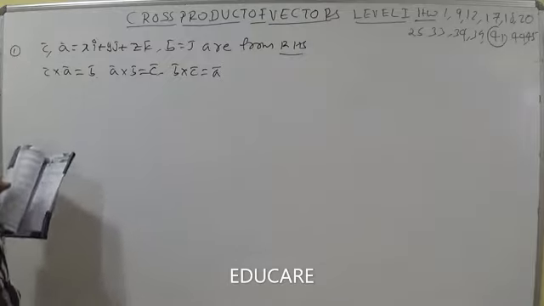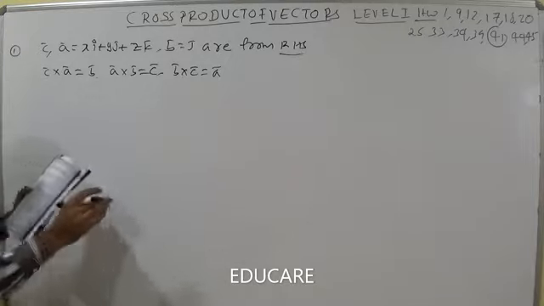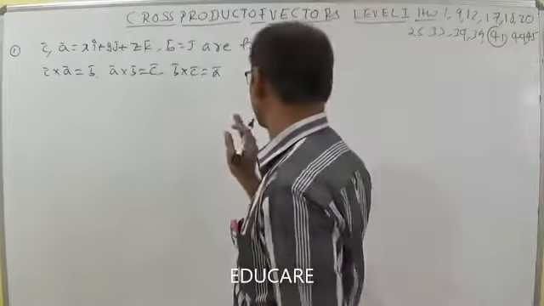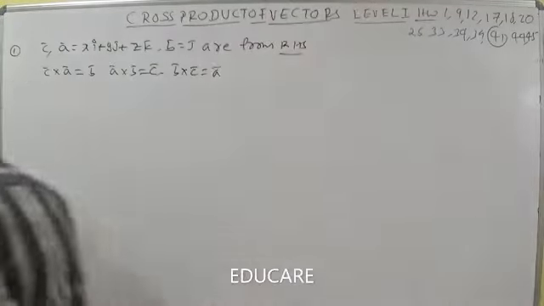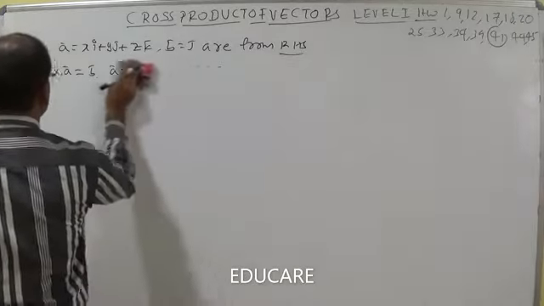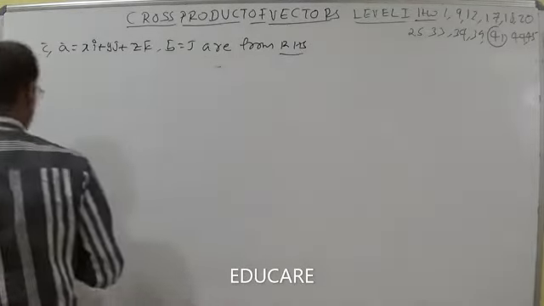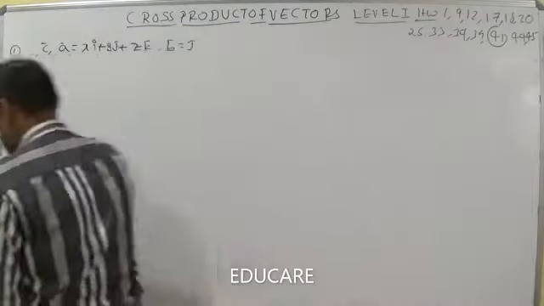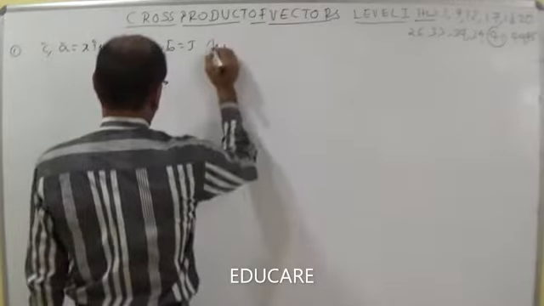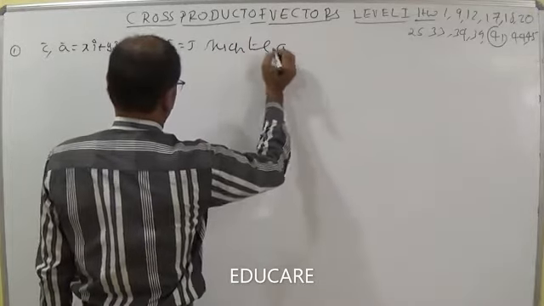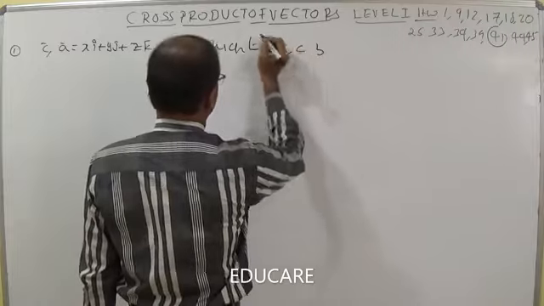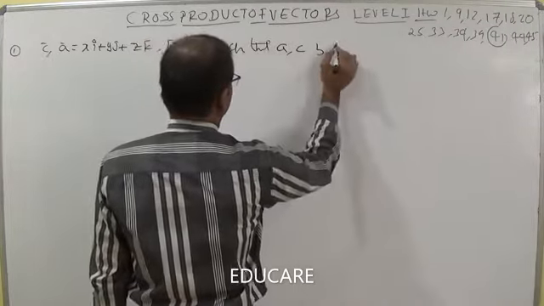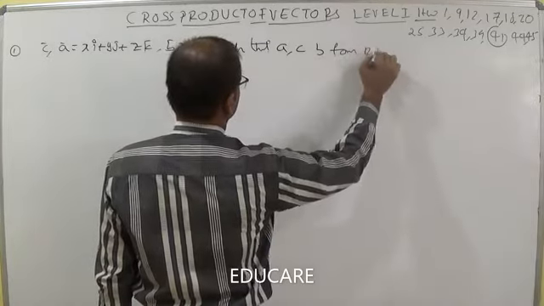He has given that C, A, B are such that ACB forms RHS. He gave the condition, not simply forming, so we should write here: B is equal to J, such that ACB forms RHS.